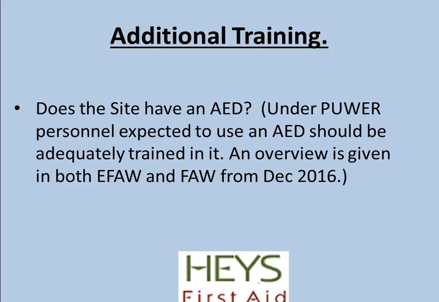If you do have one on site and your personnel are expected to use it, then it comes under the PUWER regulations and adequate training should be given in it. From December 2016, an overview of AED use will be included by law in EFAW and FAW courses. This is something that we at Hayes First Aid have been doing for a number of months and indeed years now, and it's an overview but not a full AED course.